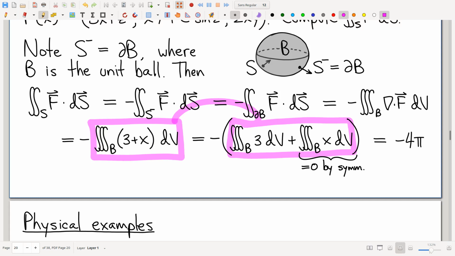Because even though this integrand is not a constant, and it is not odd over any of the available plane options, the left piece is a constant. That turns into a simple geometry problem. And this right piece is 0 by symmetry, and again, details to think through. Make sure to think through all of the fussy little distinctions that we have to worry about with that.